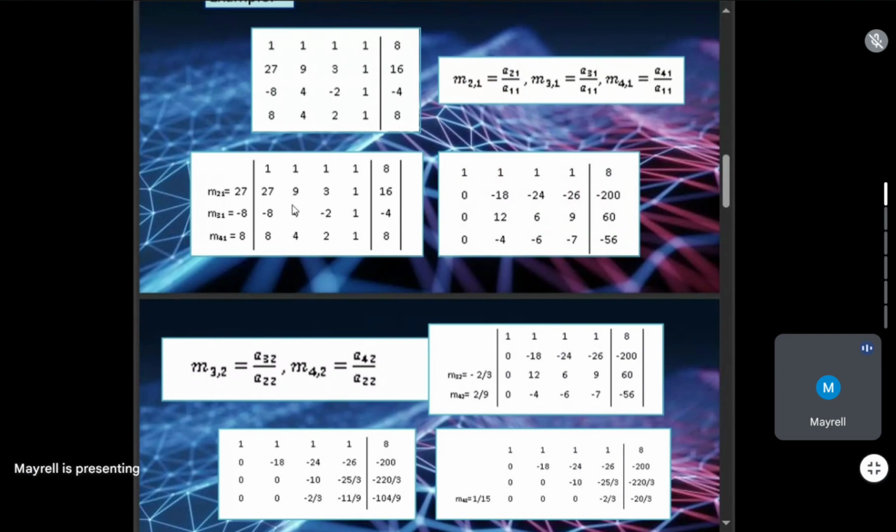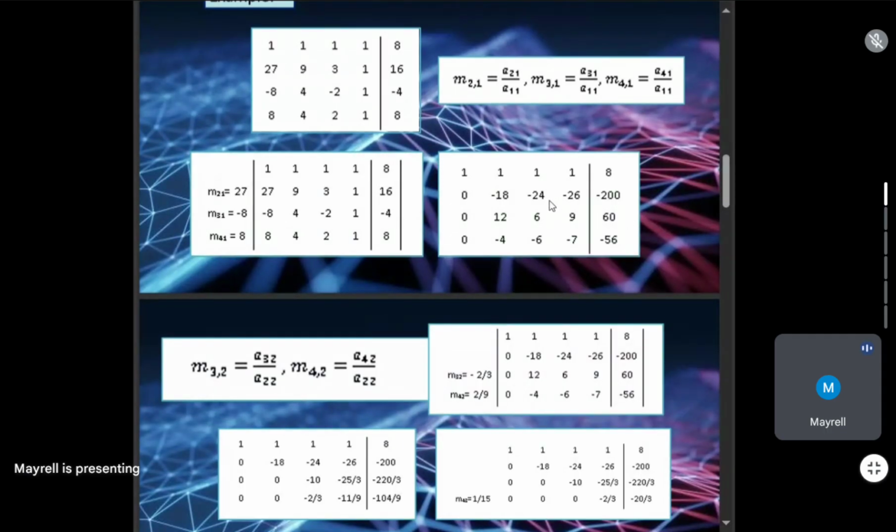Then the second element for row 3: 4 minus negative 8 times 1, so 12. And then the third: negative 2 minus negative 8 times 1, so 6. And the fourth: 1 minus negative 8 times 1, so 9. And then negative 4 minus negative 8 times 8, so 60.